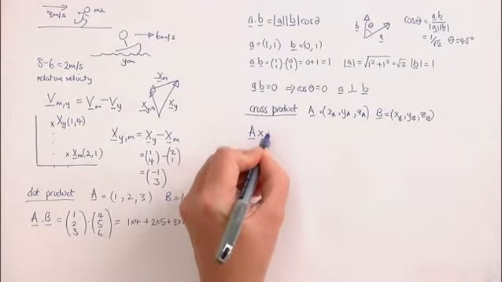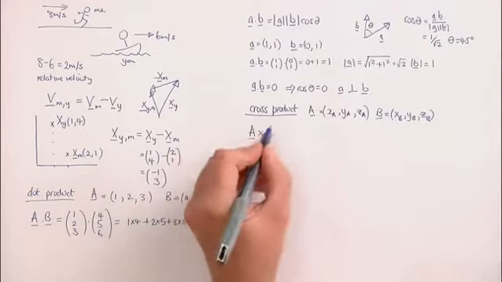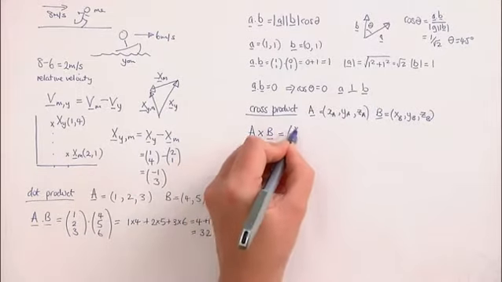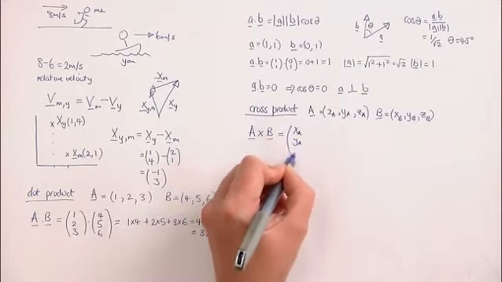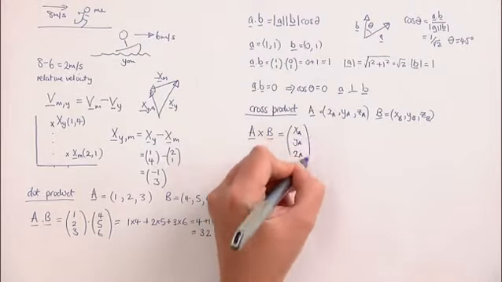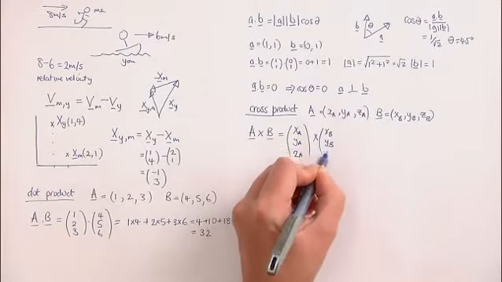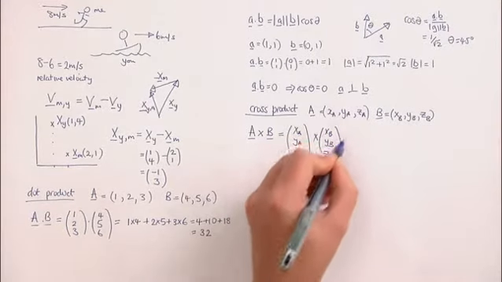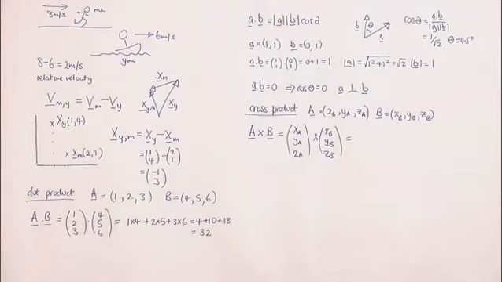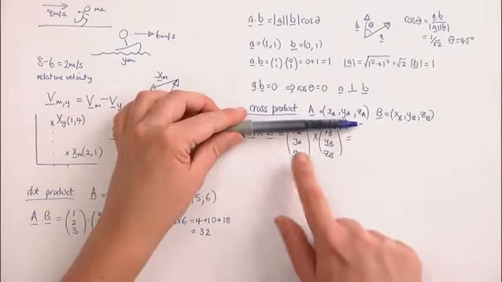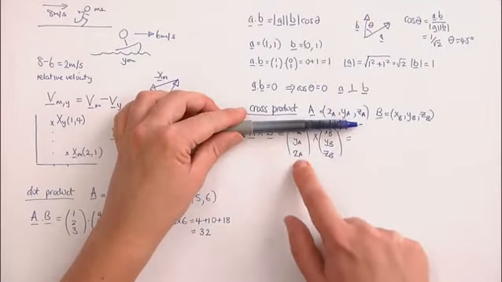A cross B is worked out as this term times this term minus that term times that term.